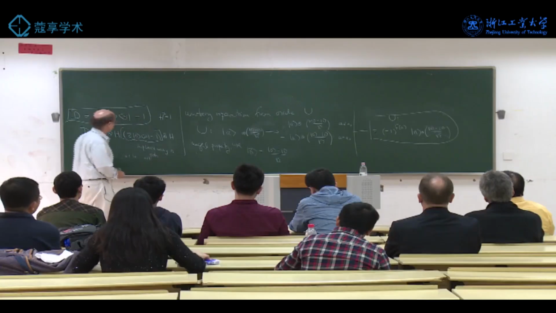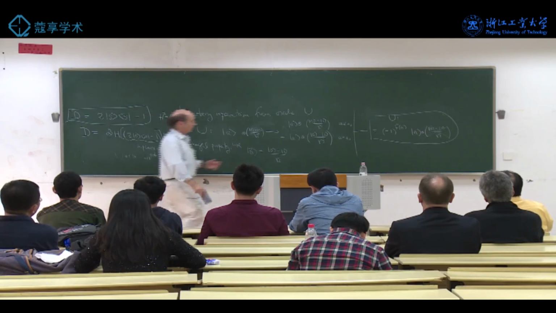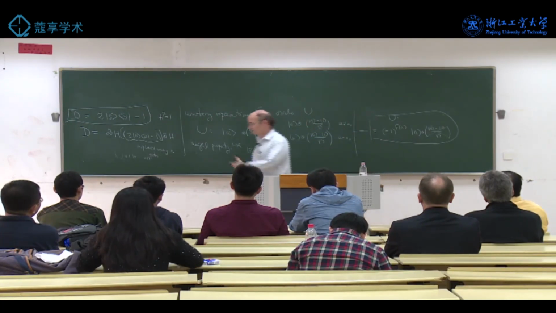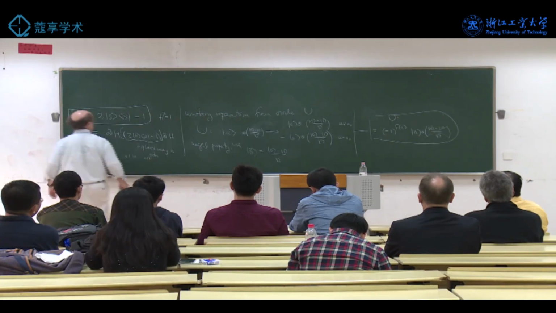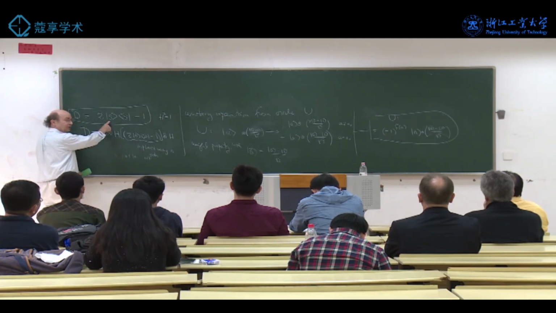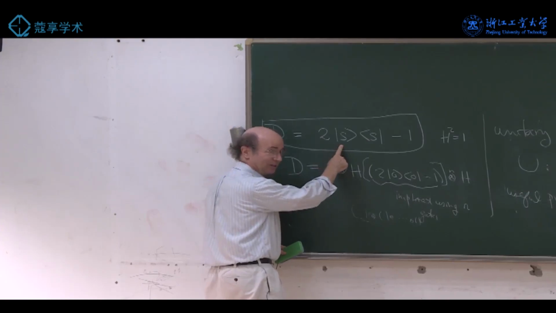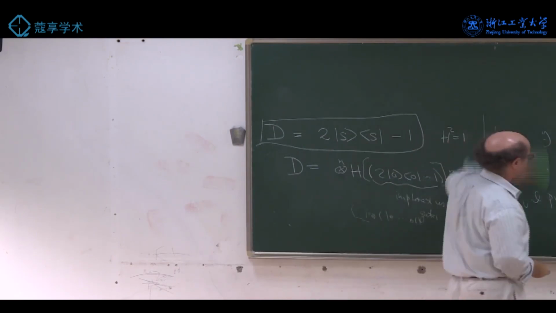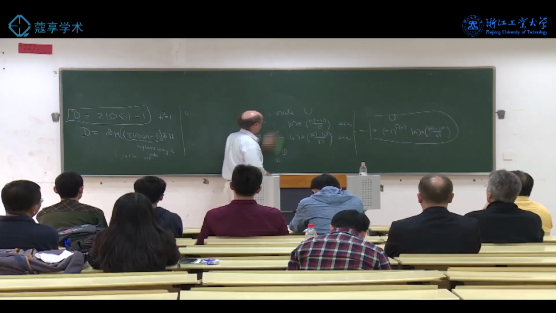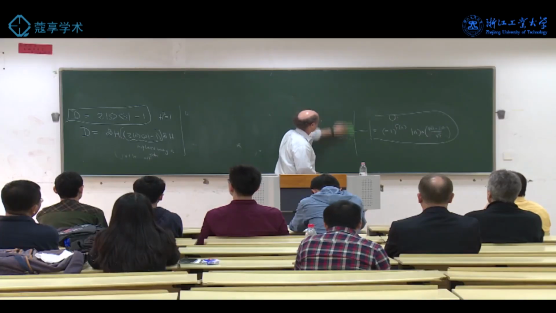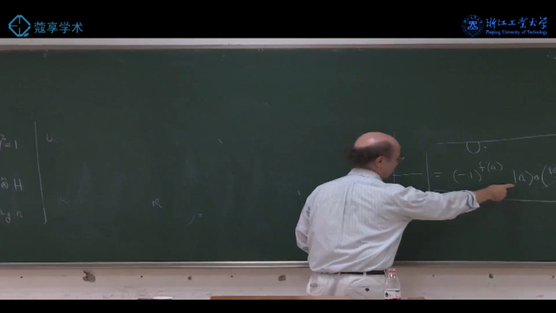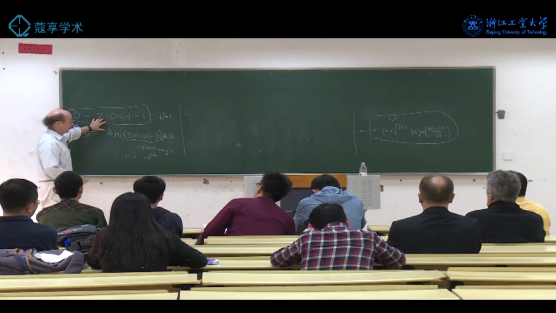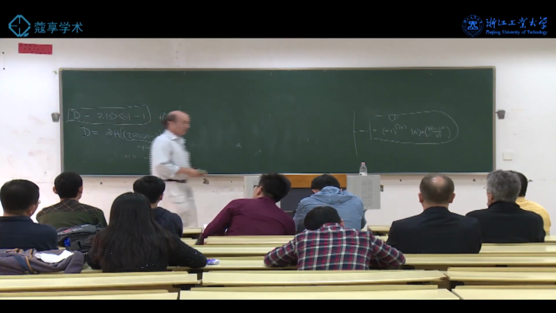From these two ingredients, this one, again, is the oracle. It shifts the phase of A0 relative to everything else. And this one shifts the phase of S relative to everything else.